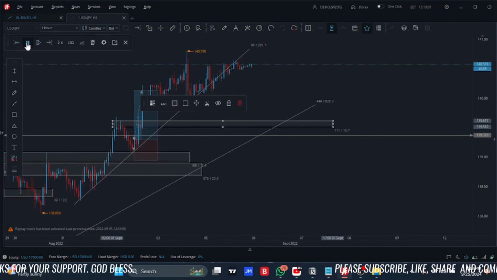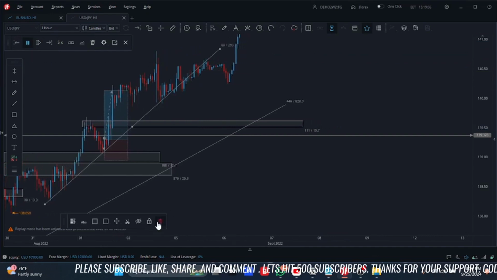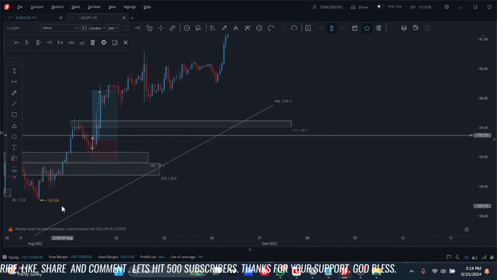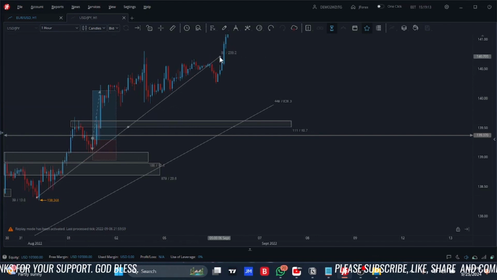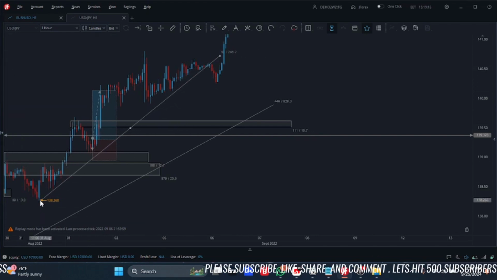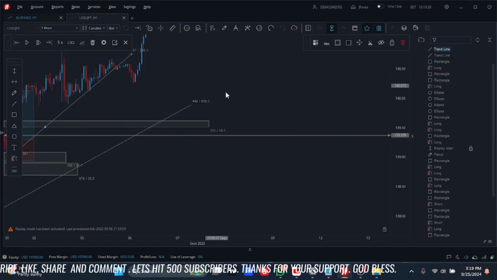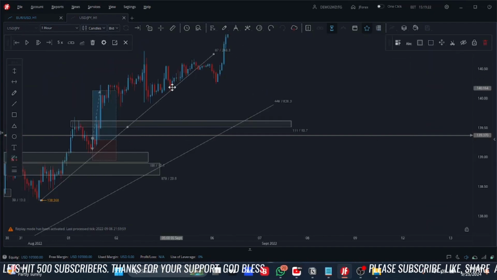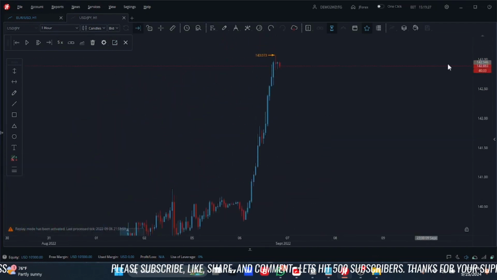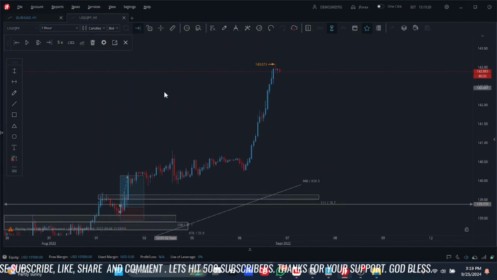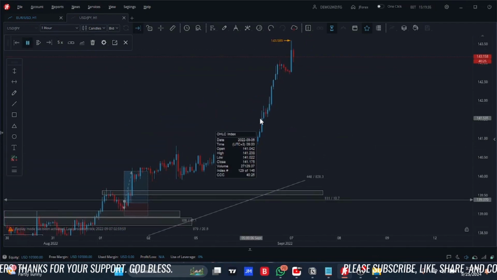Risk to reward 1:2, 1:3. When you don't have a position where the market is targeting, when you don't know, focus on your risk to reward. Now it's starting to form a trend line from there, but it broke. So that's not very important to us, because there's no specific zone where the price is reacting.